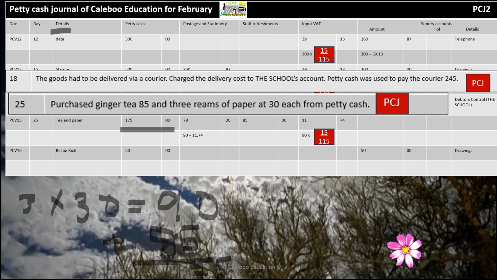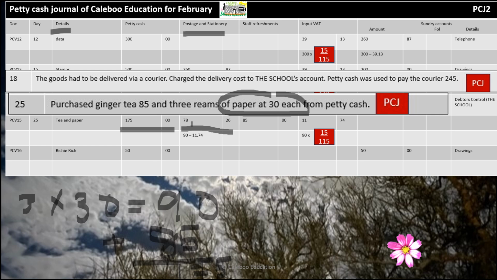The postage and stationery, we've included the paper, the reams of paper under postage and stationery. But what is under postage and stationery? There were 3 reams of paper. 3 times by 30 is 90. But this is the exclusive amount. Now the paper is going to be used for the business. So paper is a standard rated item.